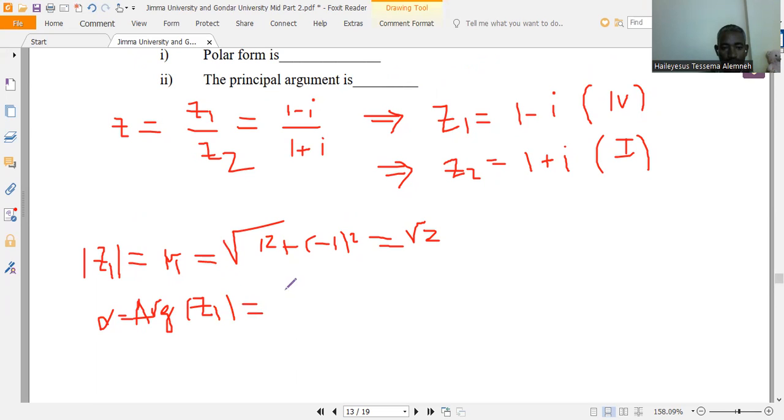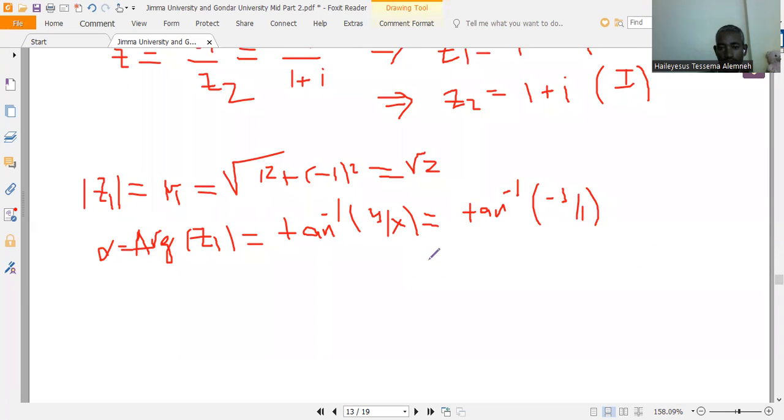which is equal to tan inverse of y over x, which is equal to tan inverse of -1 over 1, which is the same as minus tan inverse of 1.